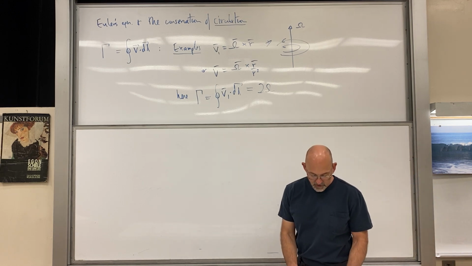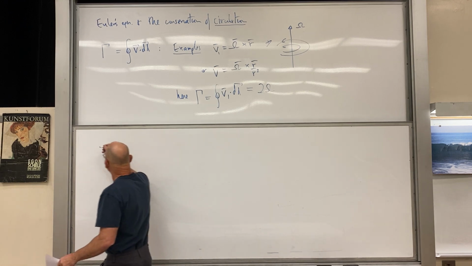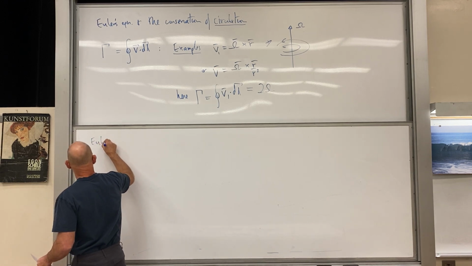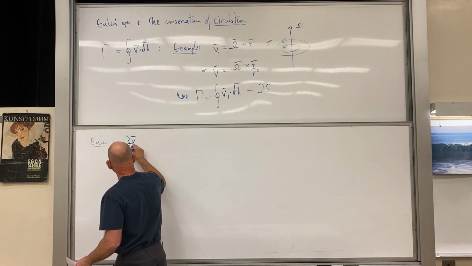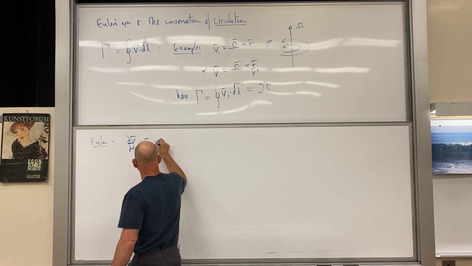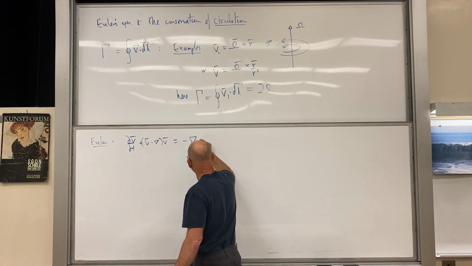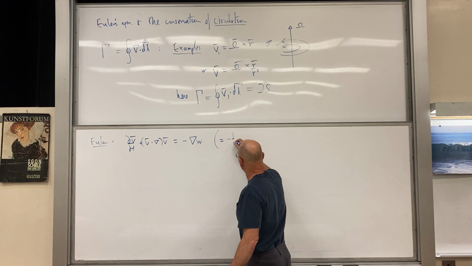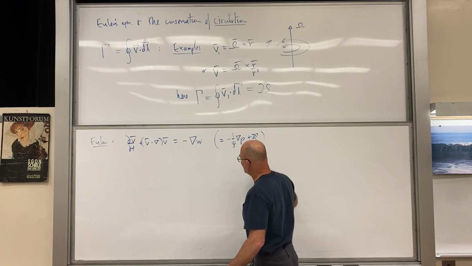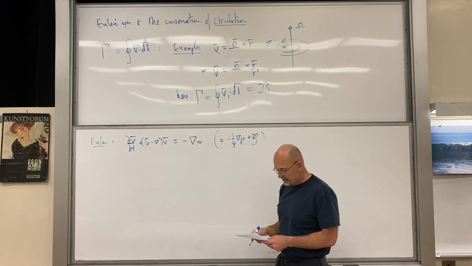I'm going to write Euler's equation down in a couple of forms. So this is the one we always start out with: dv dt plus v dot gradient v equals minus gradient of w minus 1 over rho gradient p, plus g if you prefer. Right, but this is a nice simpler form.